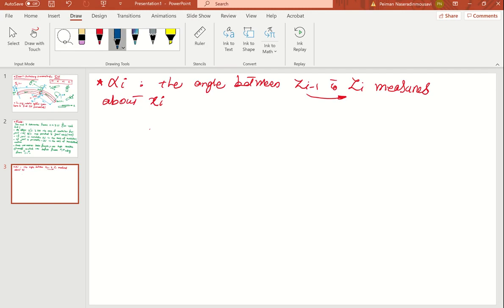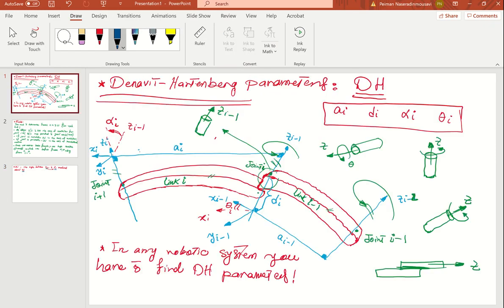So you have to look at this. It says we are measuring the angle between z i minus 1 to zi measured about x. Understand?